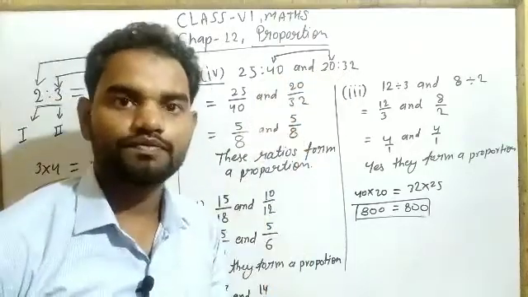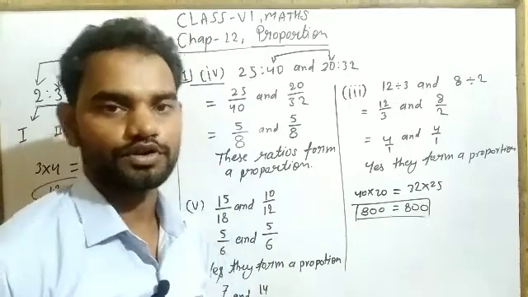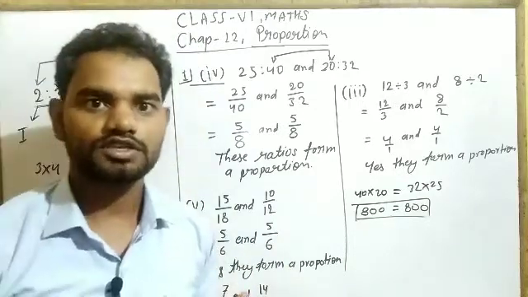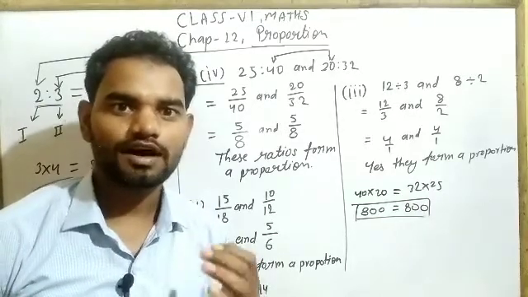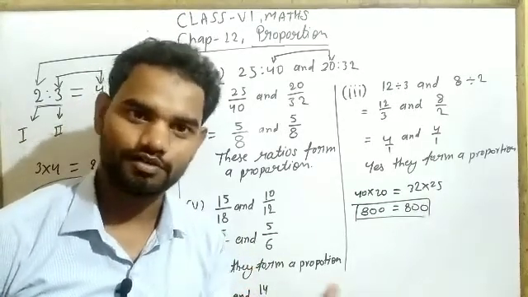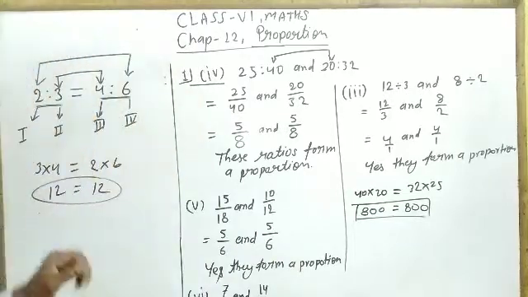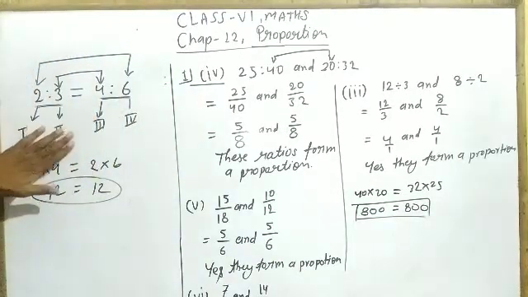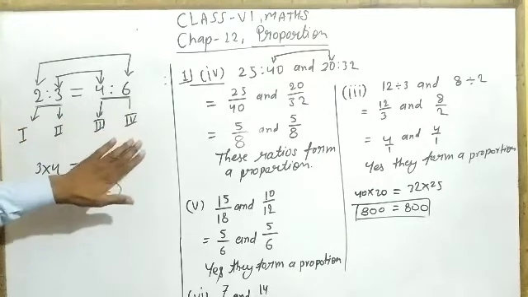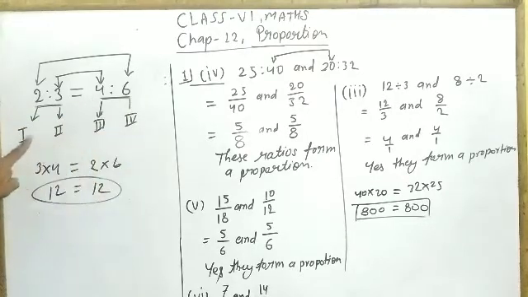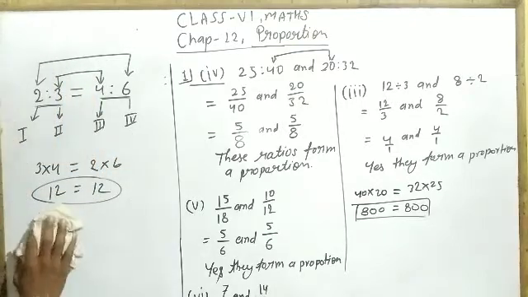If the product of means is equal to the product of extremes, then we can say that the given ratios are in the form of proportion. I hope that is clear to you. And second point, the first term, second term, third term, and fourth term: these are means and these are extremes. So question number 2 is based on this concept.